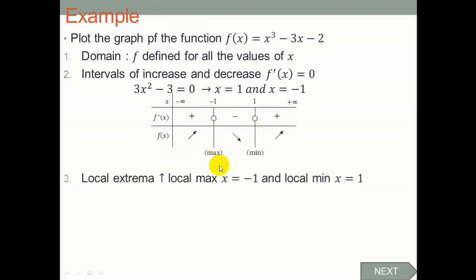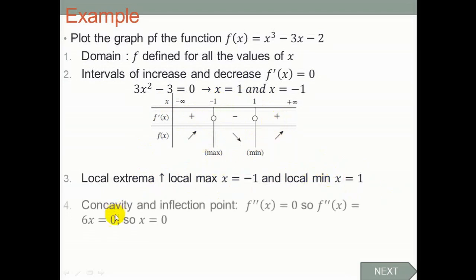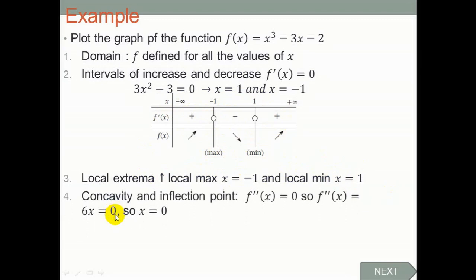For local extrema, we can see from the sign chart: local maximum at x = -1, local minimum at x = 1. And then number 4, concavity and inflection point. You need to make the second derivative equal 0. The second derivative here is 6x = 0, so x = 0.